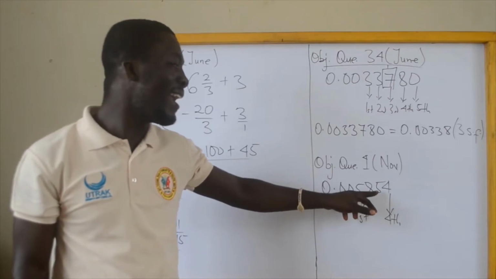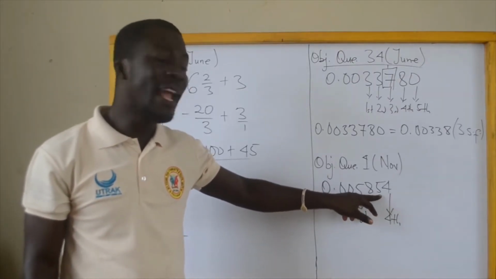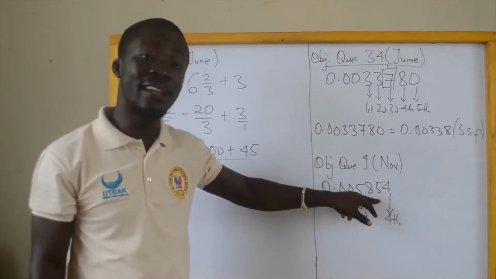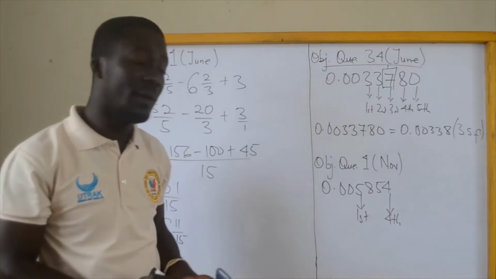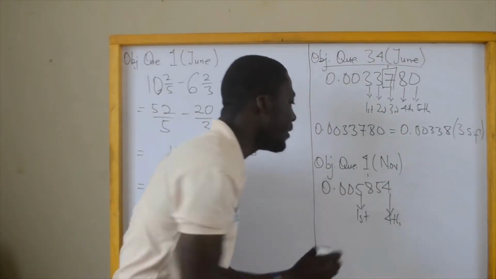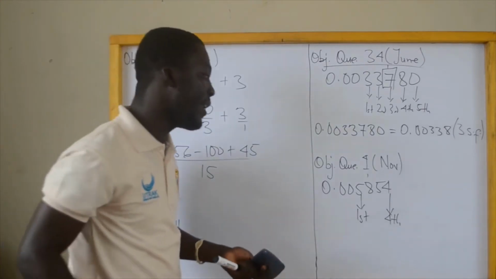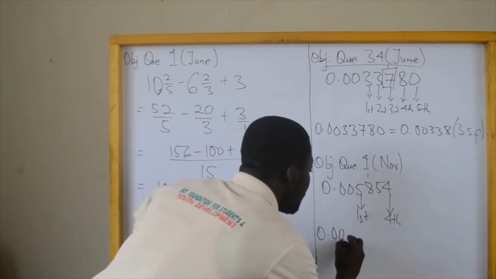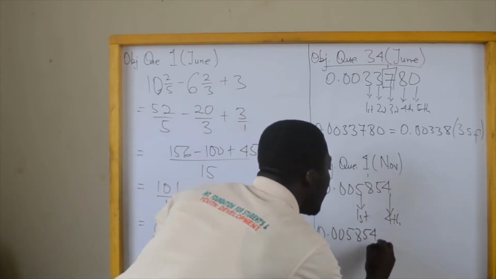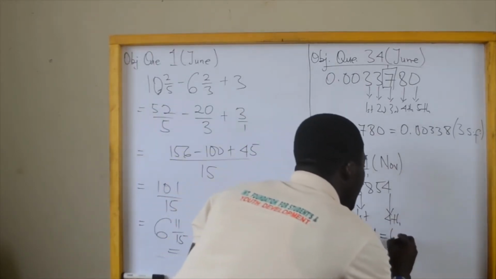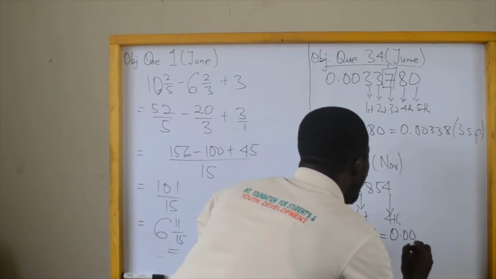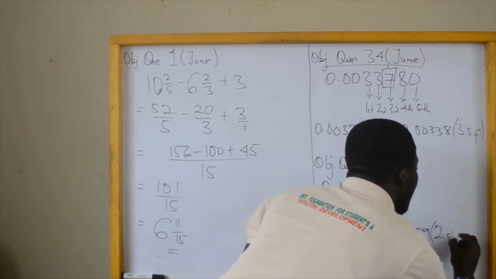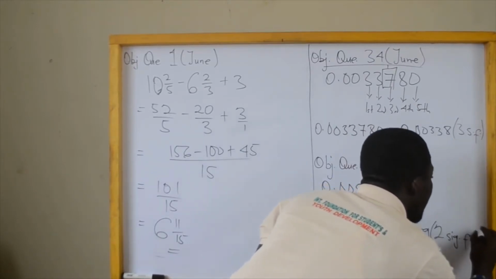We look at the number next to 8, which is 5. 5 is greater or equal to 5. It's exactly 5, so we add 1 to the 8, which will give us 9. So at the end, 0.005854 will give us 0.0059 to 2 significant figures.